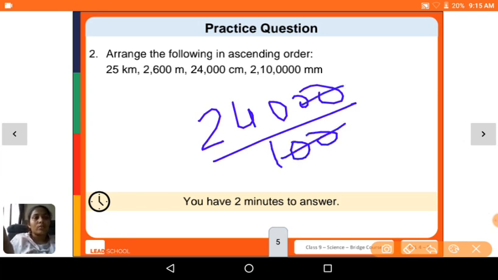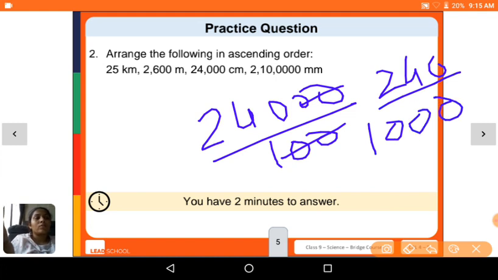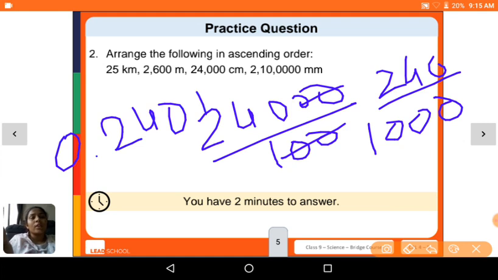So 240 meter, and convert this into kilometer. We divide it by 1000. So the answer will be 0.240 kilometer, right?